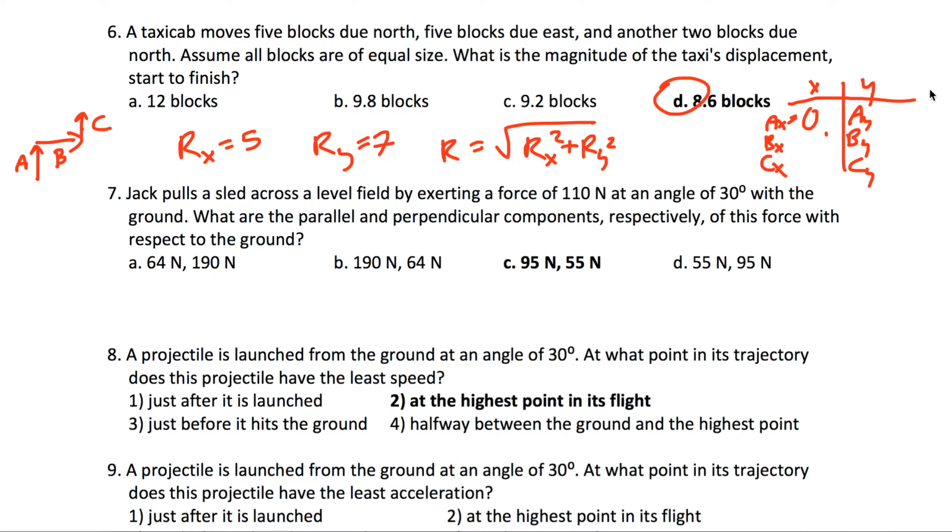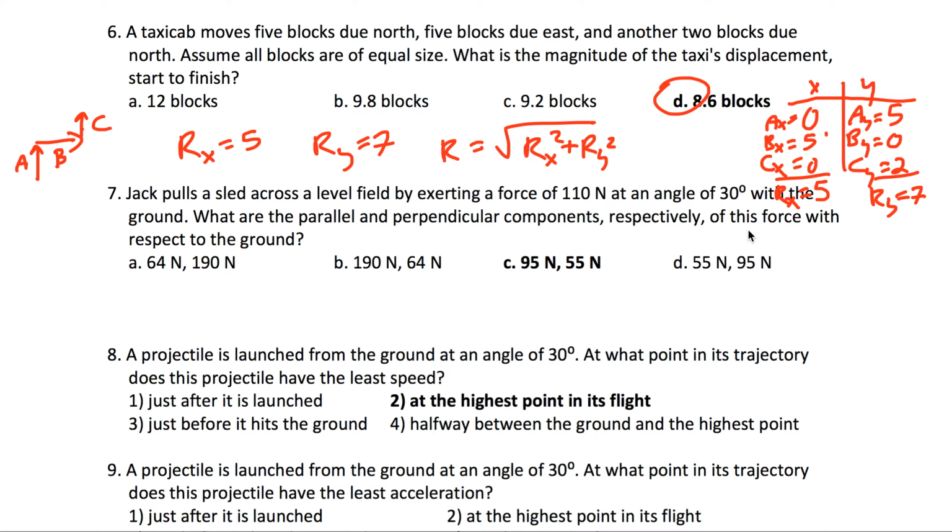AX is 0 because it's vertical. The y component is 5. BX is 5. The y component is 0. CX is 0 and the y component is 2. And then when you add these up, you get 5 for Rx, and you get 7 for Ry.